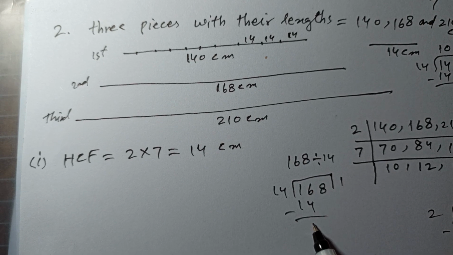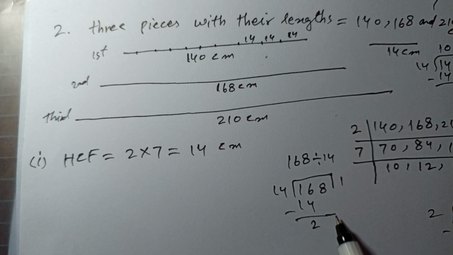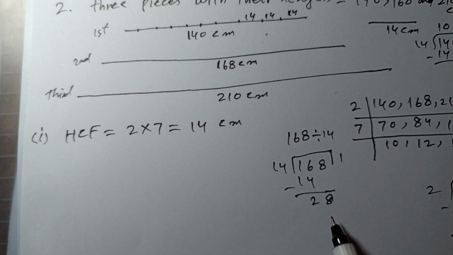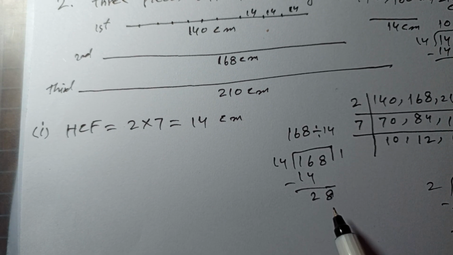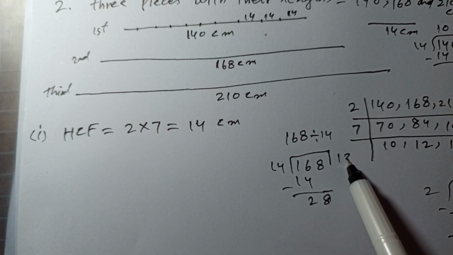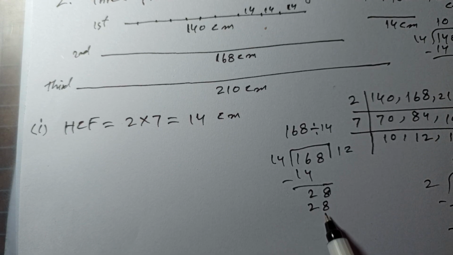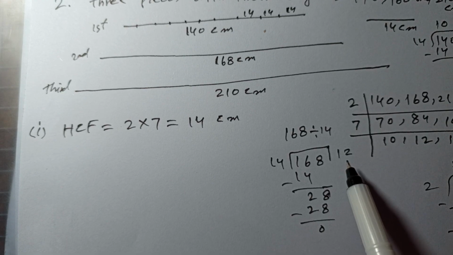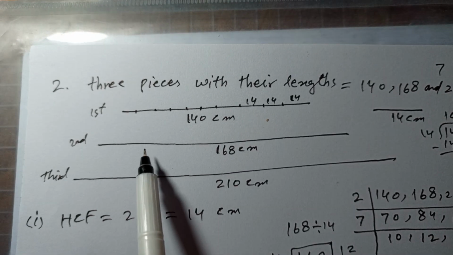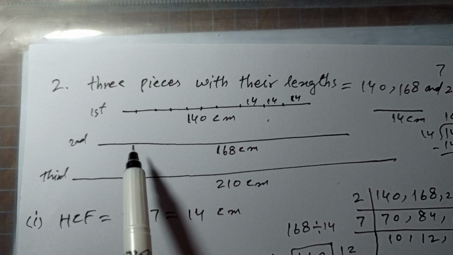From 6 subtract 4, you will get 2, and 18, 8 here, and 14 twos are 28. Remainder is 0. 12 pieces. From this rope you will get 12 pieces.